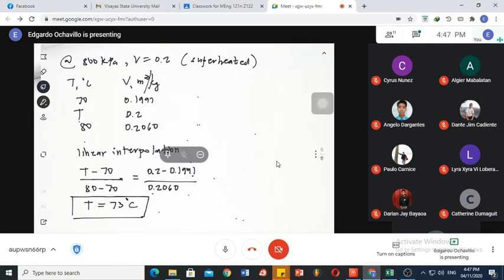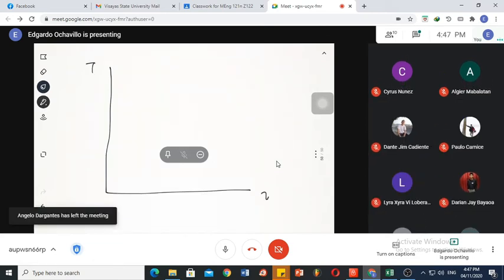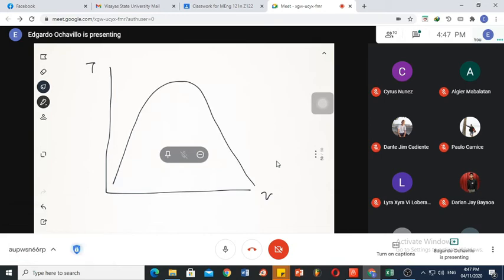Okay, so if we draw the T-V diagram, this is a mixture of liquid and vapor.